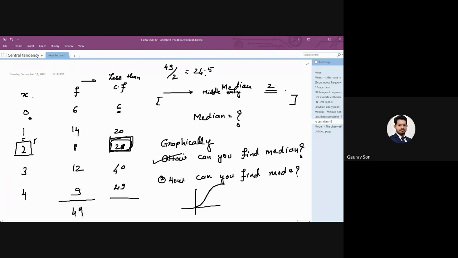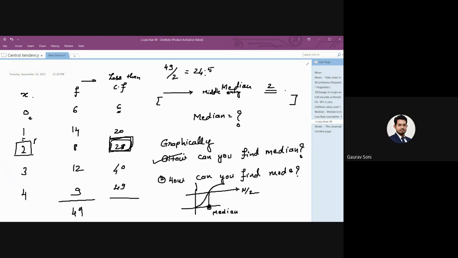Then we will have the value of n. So I can draw the line for n by 2, and when we put the perpendicular from n by 2 on the x-axis, this point of intersection is going to be the median.